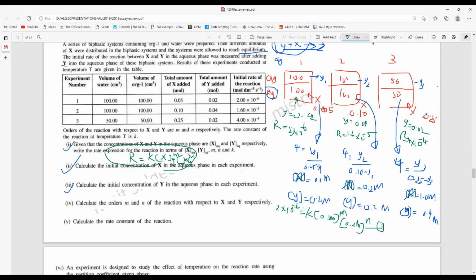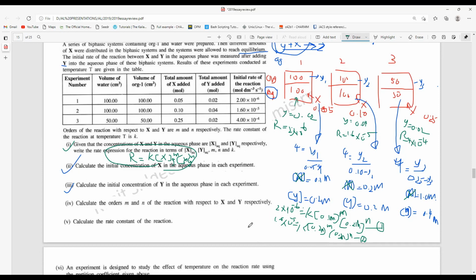In a similar way, you can write down the equation for this one. So this would be 1.6 something equals the rate constant times, again, you know the concentration, 0.2 M to the power m, and then again 0.2 M to the power n. So this will be my second equation. Okay, so this is 1.6 into 10 to the power minus 5.